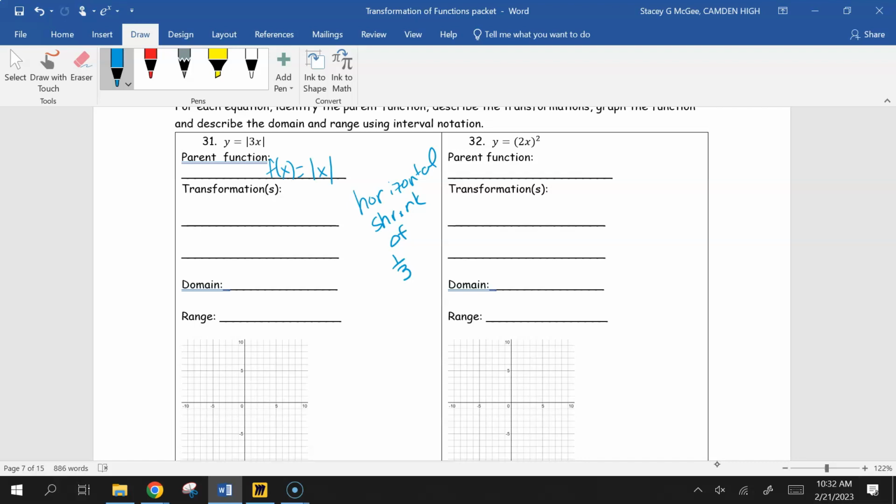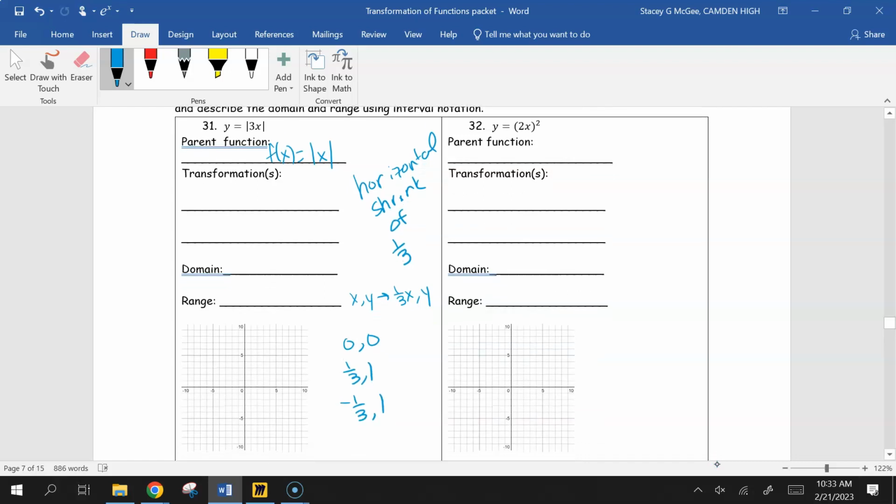So now what's going to happen is every point here, and maybe it'll be easier for you to see it like this, is going to be 1/3 x, and then y is going to stay the same. So I'm going to have 0, 0, 1/3, 1, and negative 1/3, 1. Does that make sense?